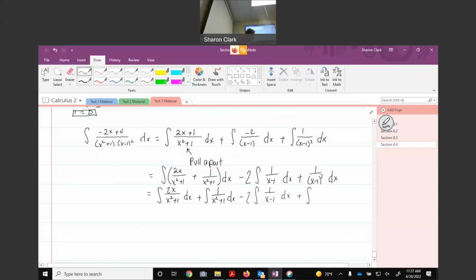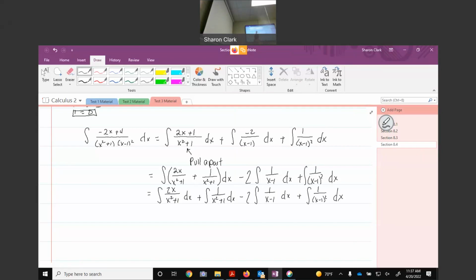The applications, nobody ever likes to do the applications. This right here. If I wanted to use u substitution, let u equal x squared plus 1, then du is 2x.